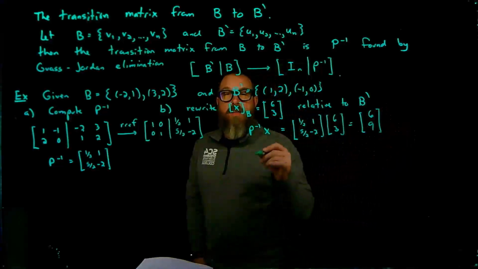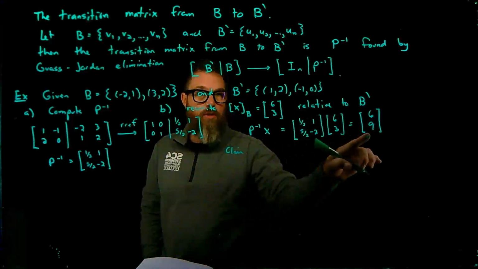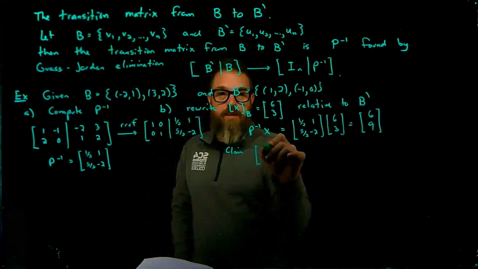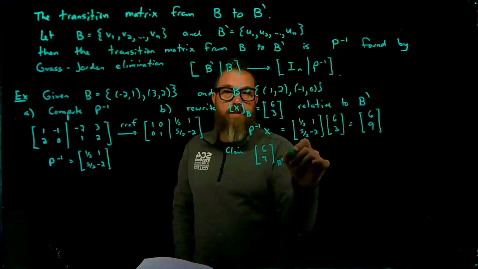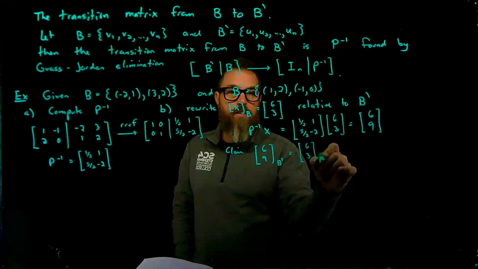So really the claim is, what I just found are the coordinates relative to B prime. The claim is that 6, 9 relative to the basis B prime is equal to 6, 3 relative to the basis B.